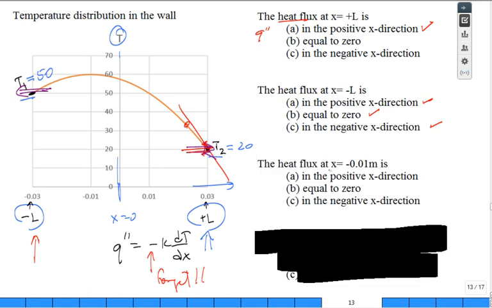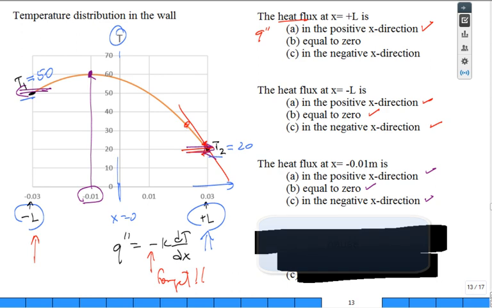Okay, what is the heat flux at x equal to negative 0.1 meter? So if I look at negative 0.1 meter, I come up right here. What is the heat flux in the positive x, 0, or negative x direction?